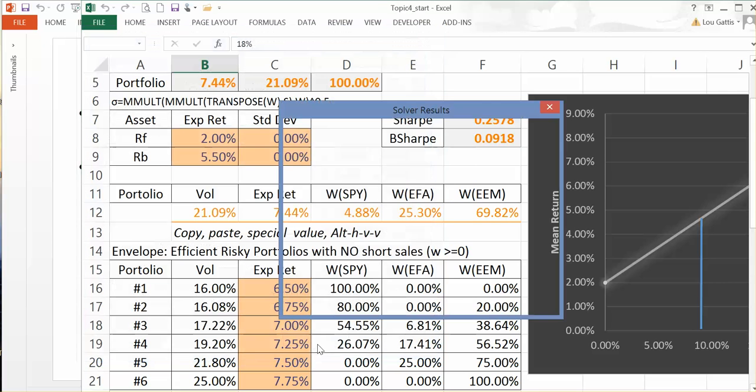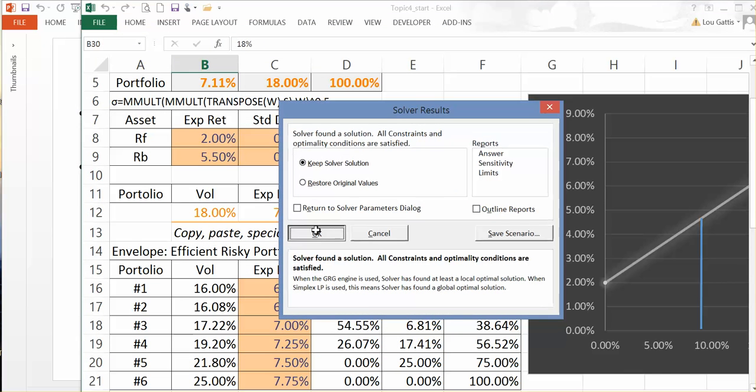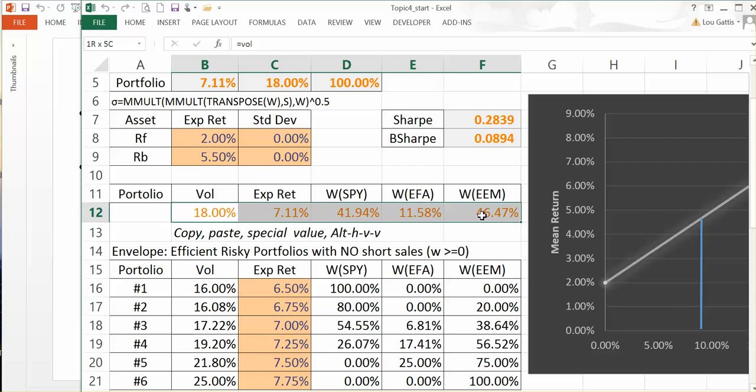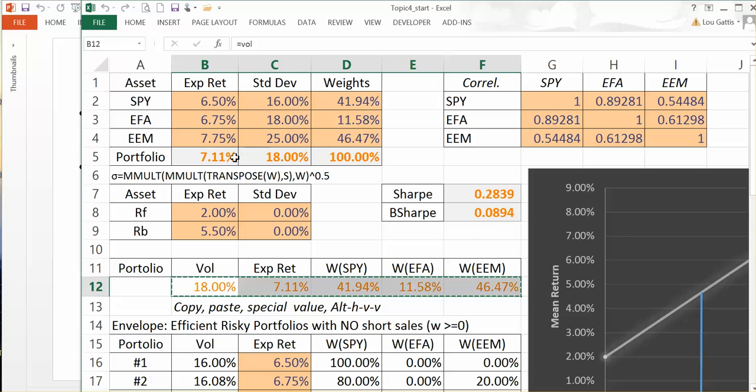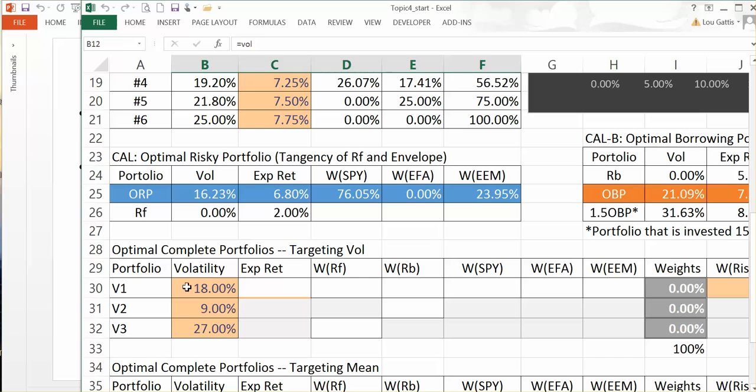And I'll solve. So here's my portfolio. 7.11 mean, 18 vol, 41, 11, 46 weights. I'll paste those down there.